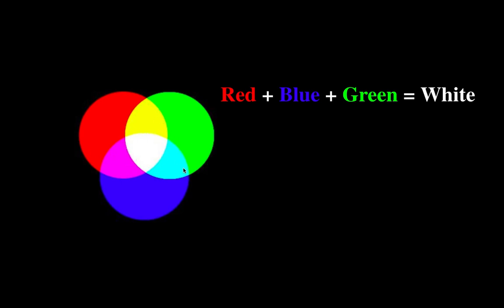Remember last week we talked about white being the presence of all colors, so this result actually makes sense. Since red, green, and blue are the only 3 colors we're capable of perceiving, if we get all of them, that turns into white. As far as your brain is concerned, red, blue, and green are the only colors in existence.